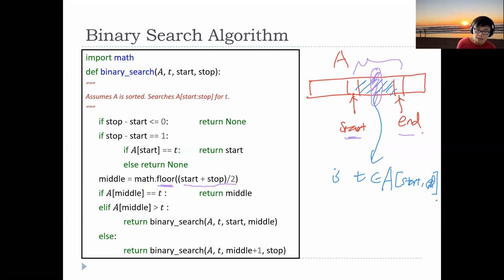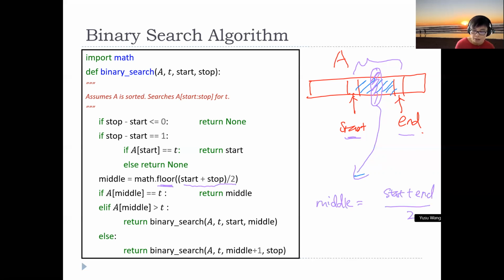So the middle index is basically the start index plus the end index divided by 2, and I'm taking the floor of it to make it an integer. That's it.